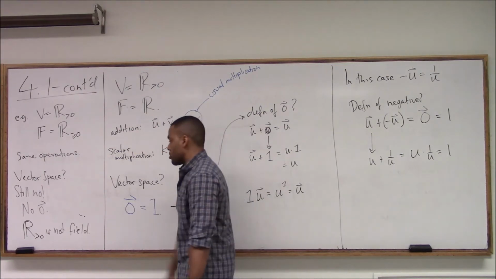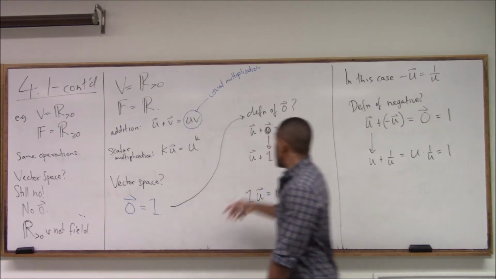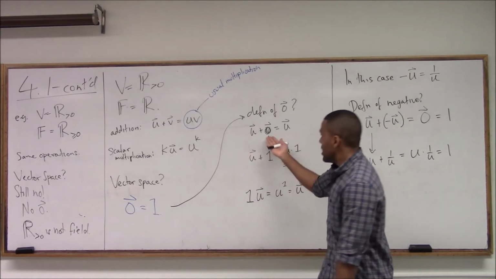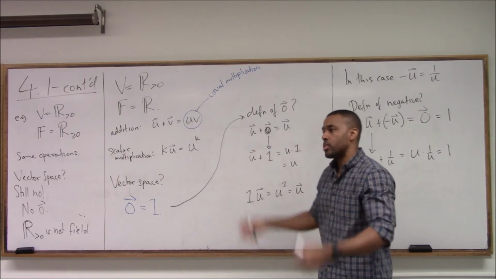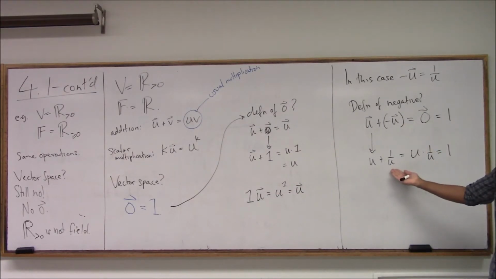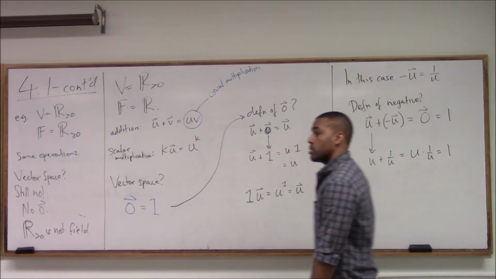In this case, adding 1 to something didn't change it, so 1 is my 0. And taking the reciprocal of something is my negative, because by doing that scalar multiplication, I actually get 1 back.